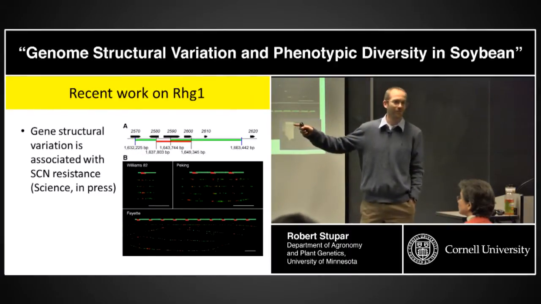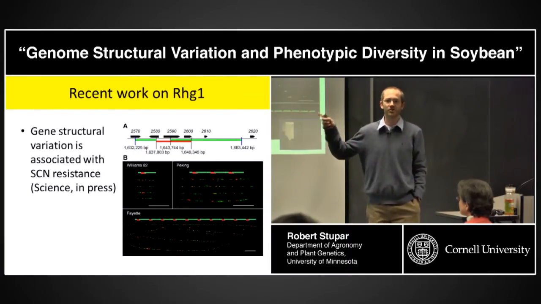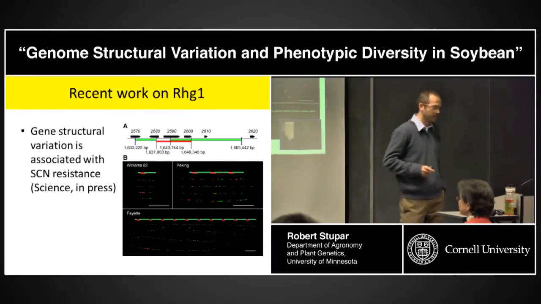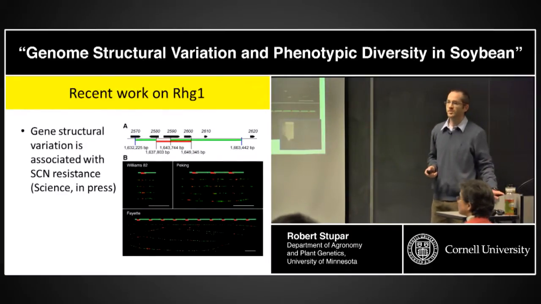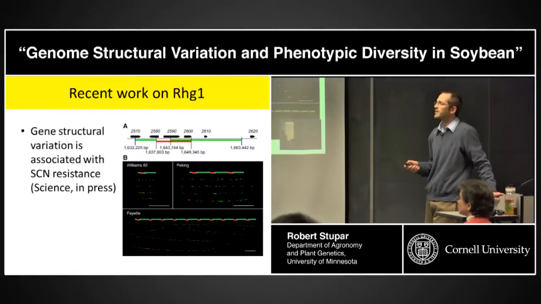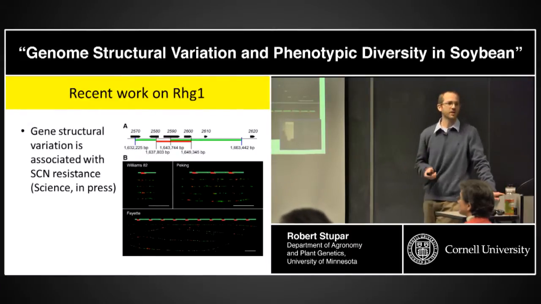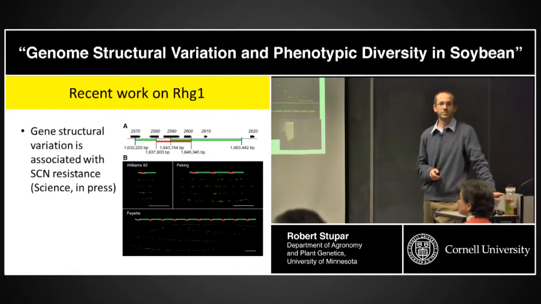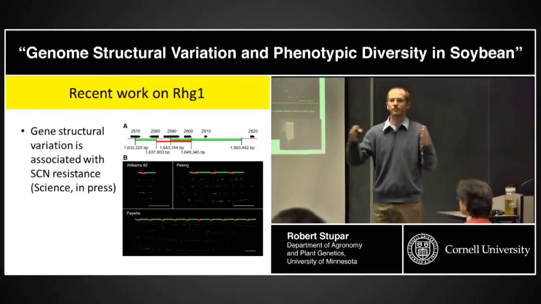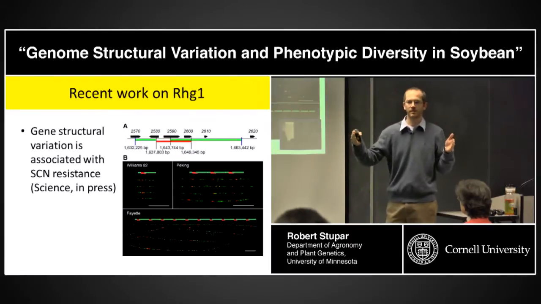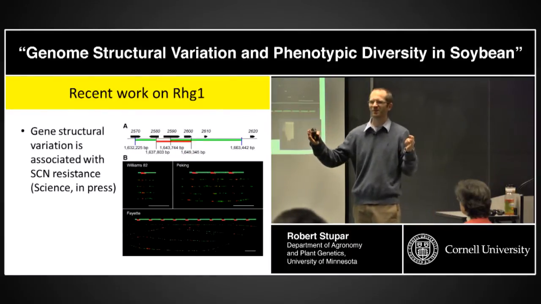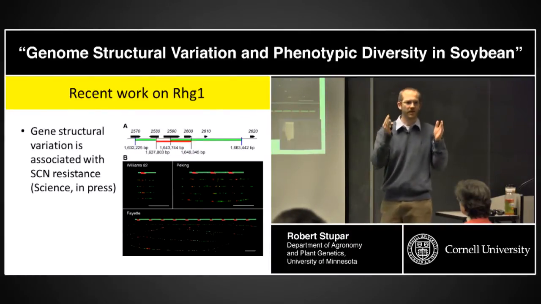Well, it turns out, very timely in fact, Andrew Bent's lab at Wisconsin very recently published work on the soybean cyst nematode locus Rhg1. I recommend anyone interested in structural variation or plant pathology in general look at this paper because it's really unique. They found that in the susceptible Williams 82 line, there is a region of about 4 or 5 genes, about a 30 kb motif, present in a single copy.